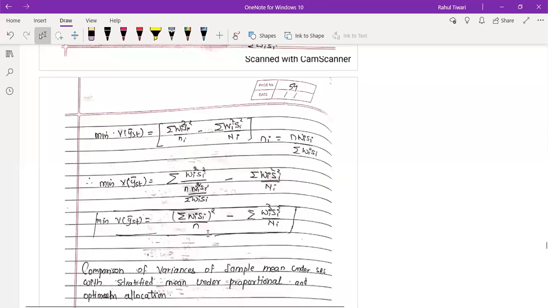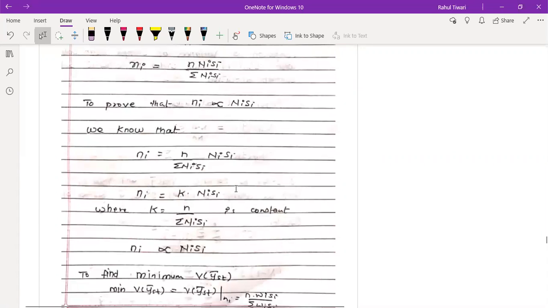Sure, no doubt. Anyone having any step difficulty or any doubt? I hope once you start writing the notes, these derivations look similar, because A, B, C, all three are similar.